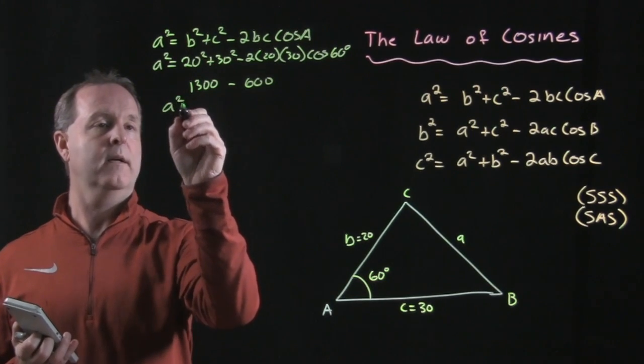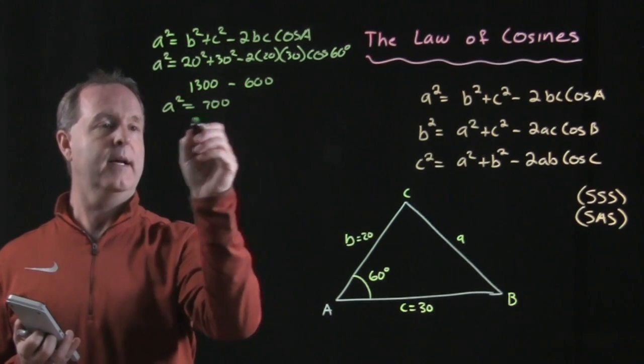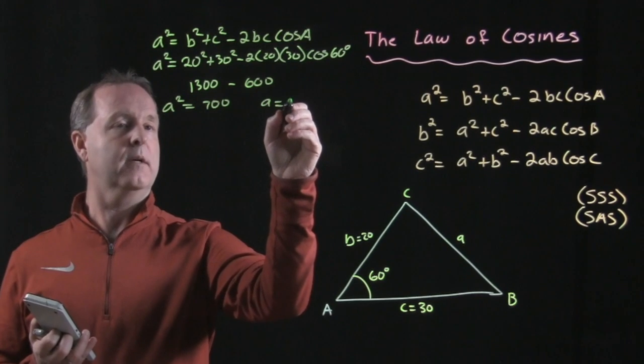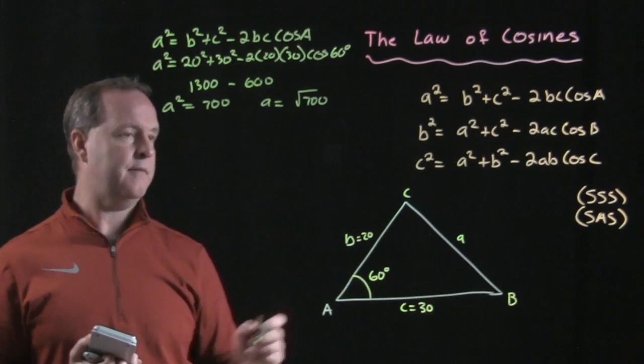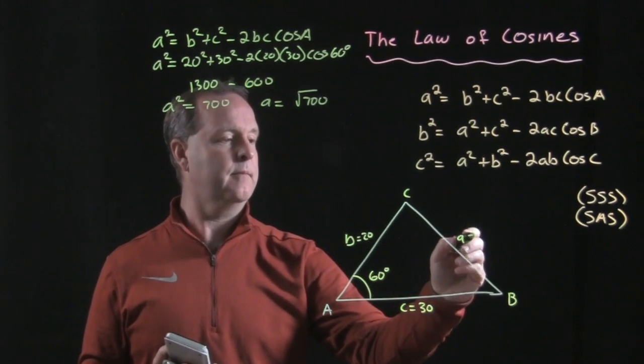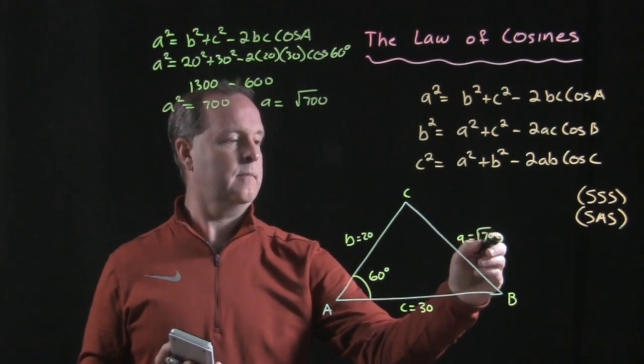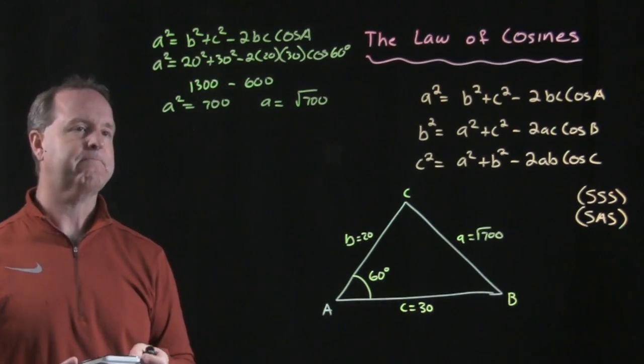So A squared equals 700. A equals the root of 700. So now we have the distance for A, or the length of A.